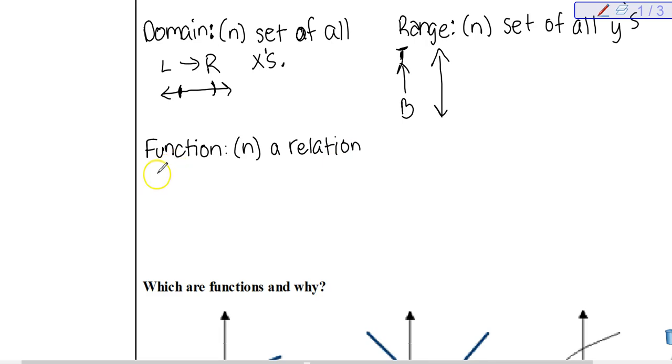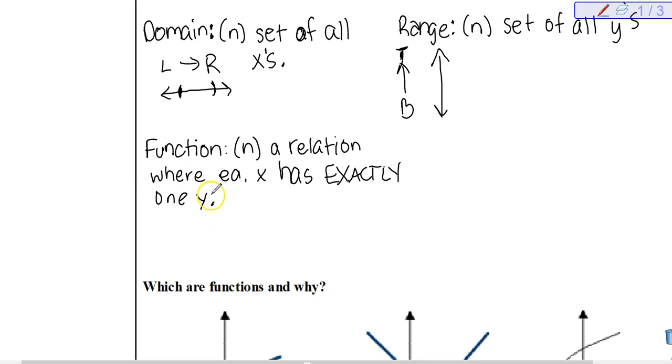Okay, it's a relation where each x has exactly one y. And x cannot have two different y's. So if I were to draw a graph of something that maybe was a function, let's see, I'll grab a red pen here. I'll graph an absolute value function, okay?